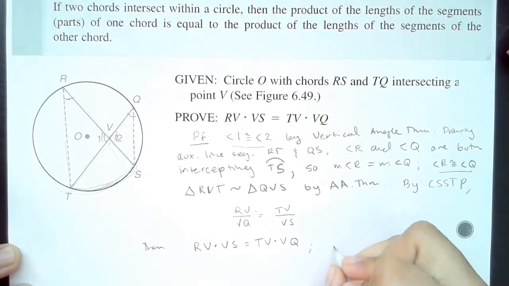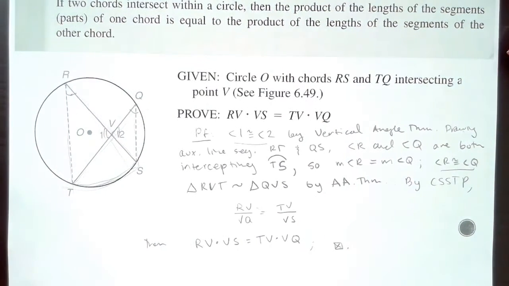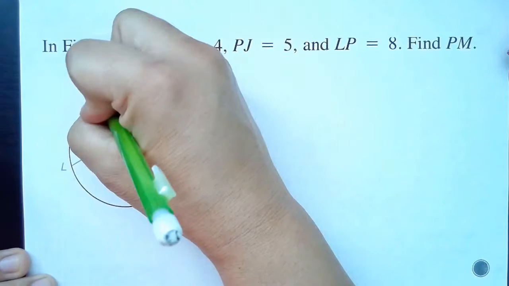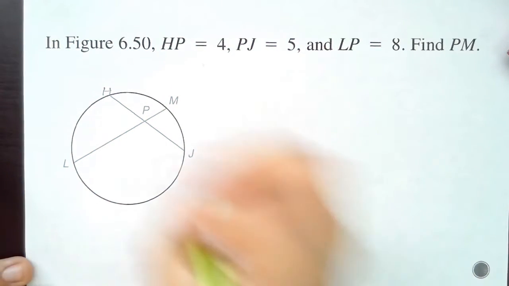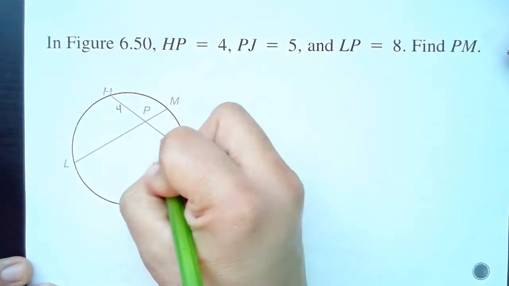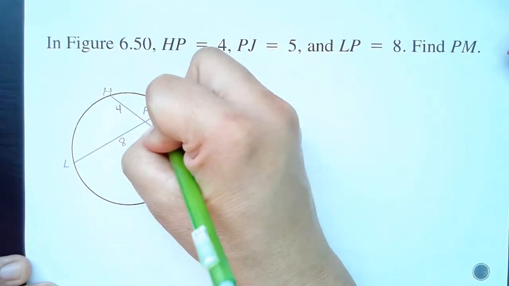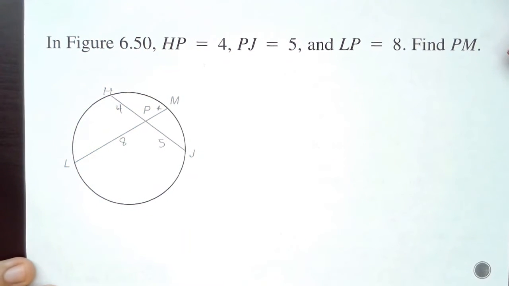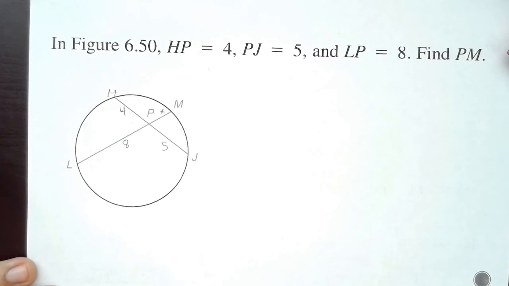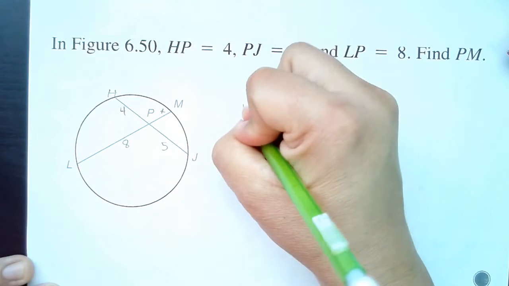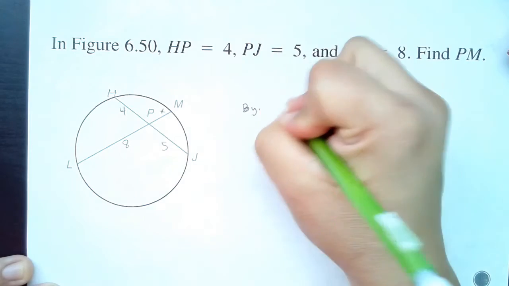Okay, great. So I think we have an example. So, super fun example, we have that, oh, this is an H. HP is 4, PJ is 5, LP is 8, and we want to find PM, let's let that be x. Okay, great. So let's use theorem 6.35.